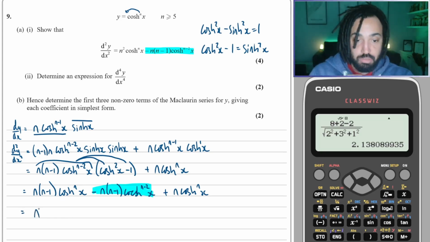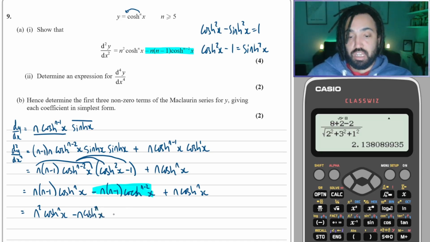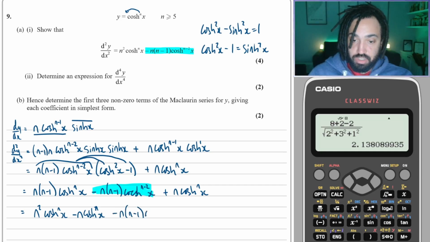Aha, right, so we multiply that out, we've got n squared times cosh to the n, and we've also got minus n cosh to the n. We've got this thing which is good to keep, and then we've got an n cosh to the n there.